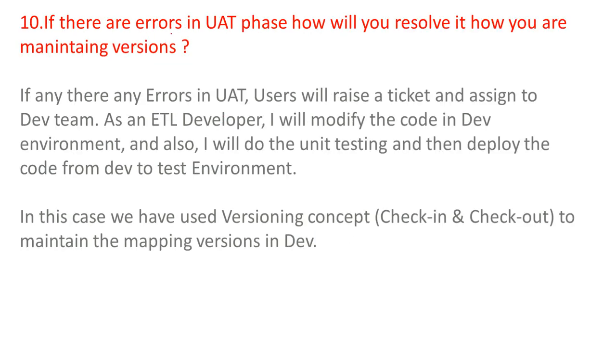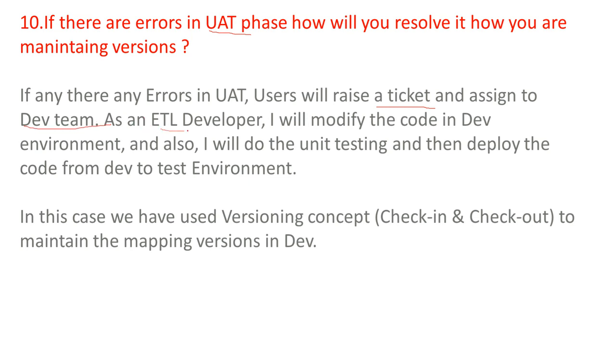If there are errors in the UAT process, meaning user acceptance testing phase, how will you resolve them? How are you maintaining versions? If there are any errors in UAT, users will raise a ticket and assign it to the development team using Jira.